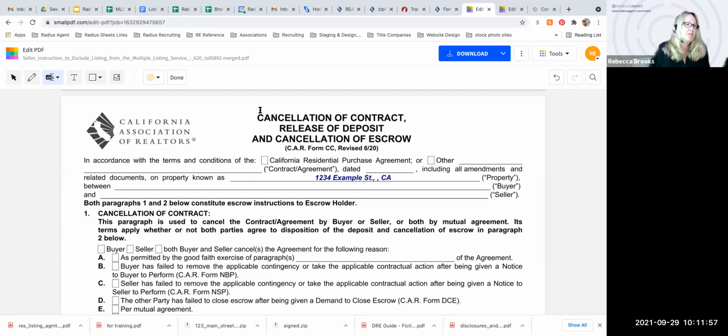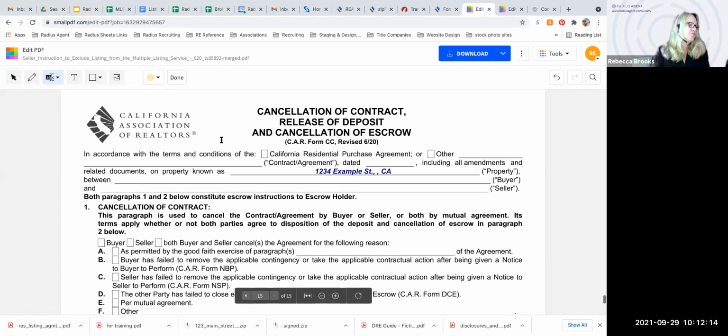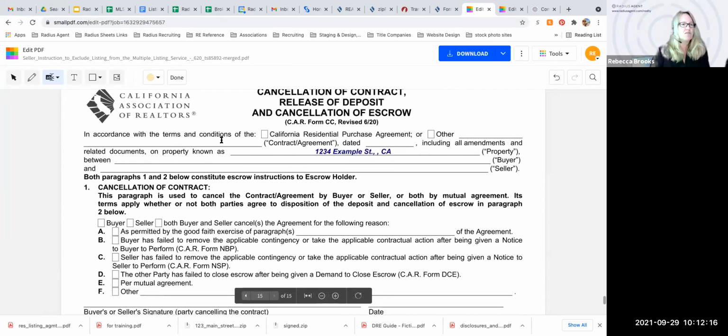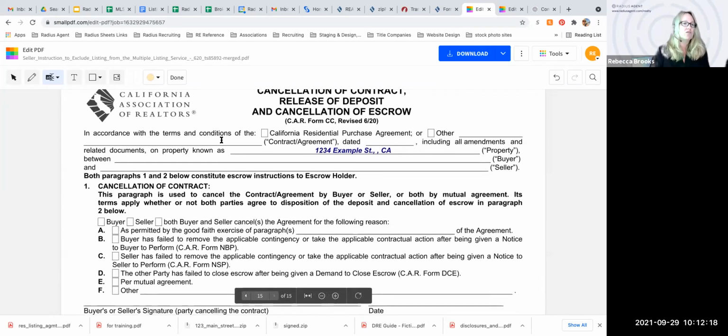You don't want to be communicating to the other side who's right and who's wrong, or that it's the seller's fault or the buyer's fault, or anything like that. You really need to be careful in this cancellation scenario, putting things into writing and making accusations. You definitely shouldn't be counseling your client as far as any drama that might be happening; they need to talk to an attorney about that.